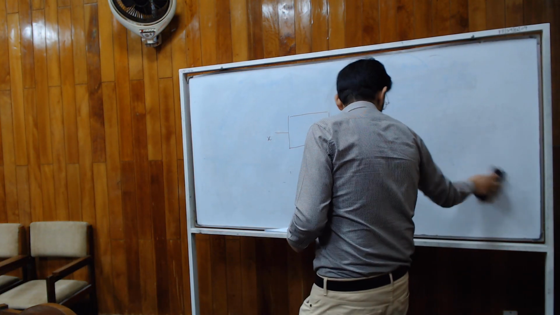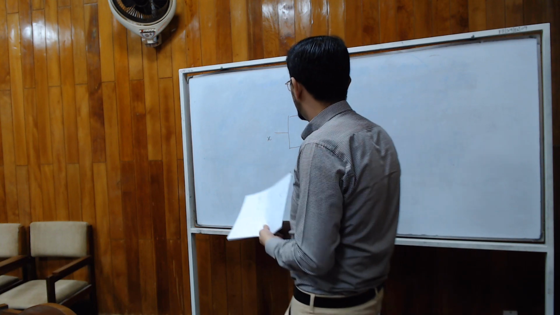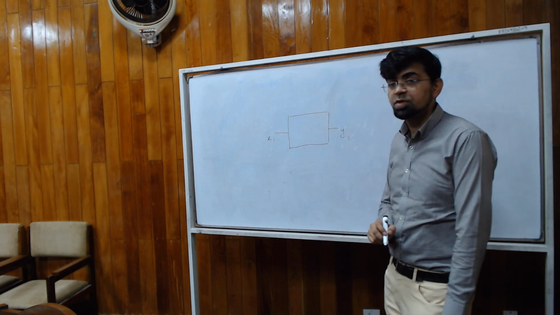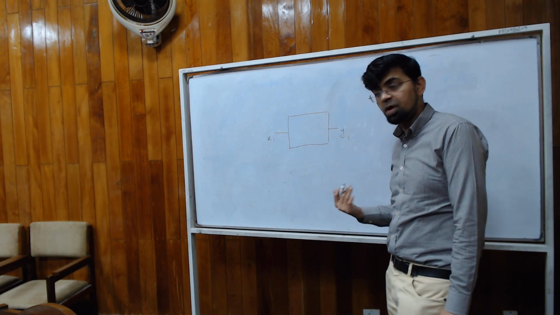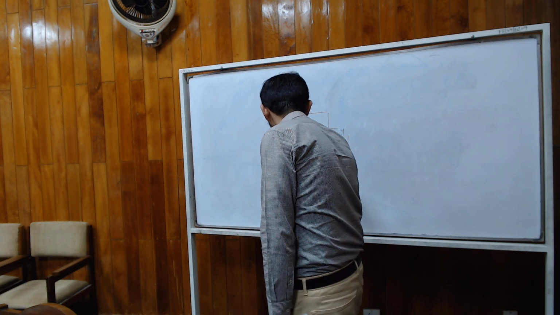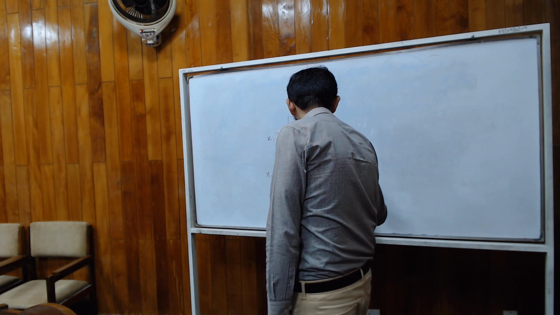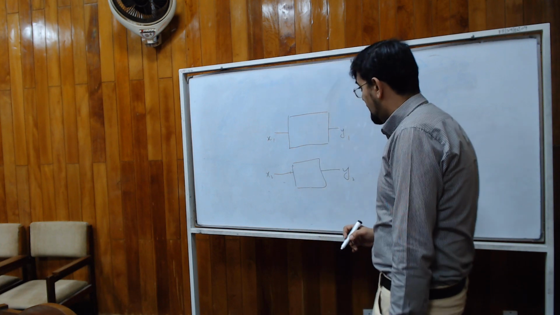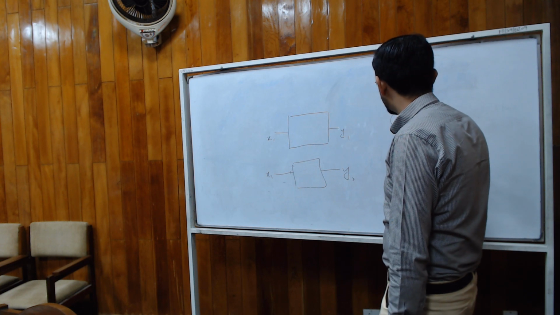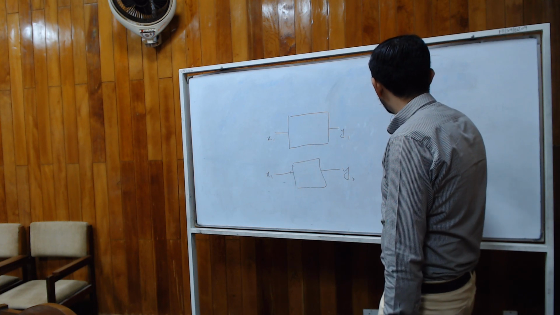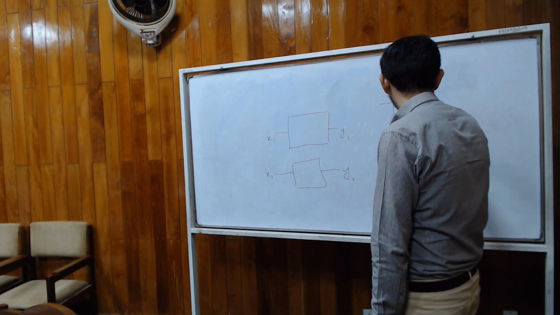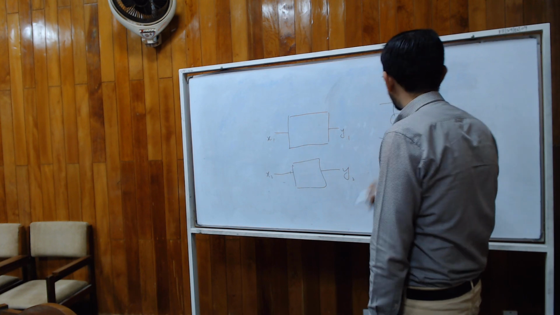what happens if I add. Let's say I give x1 signal to the system and it gives me y1 output, and I give x2, some other input, to the same system and it gives me y2. My question is, what if I send this system a sum of x1 and x2? Then what is its output?